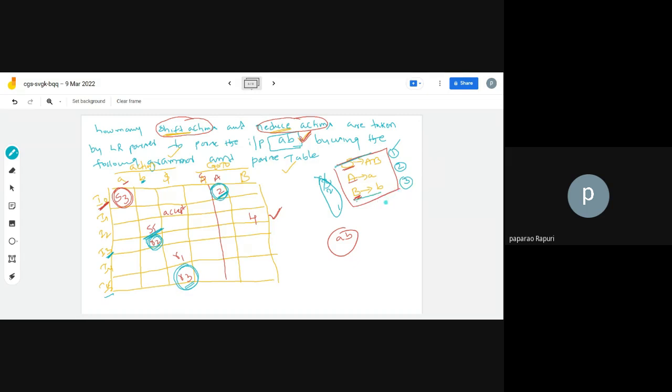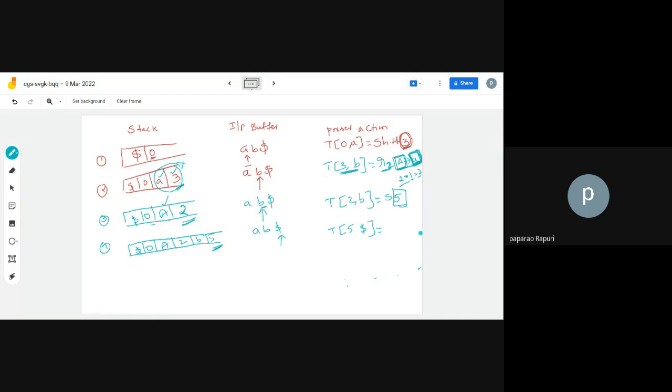R3 means B derives small b. So capital B derives small b. Here, how many B's are there, sir? Only 1. 2 into 1 is 2.